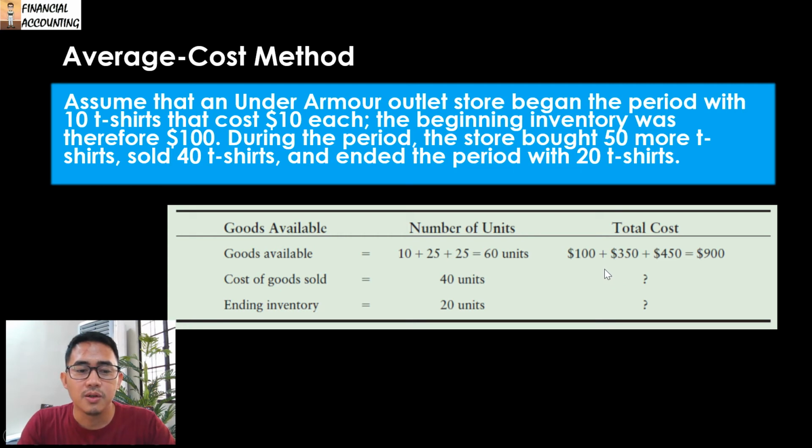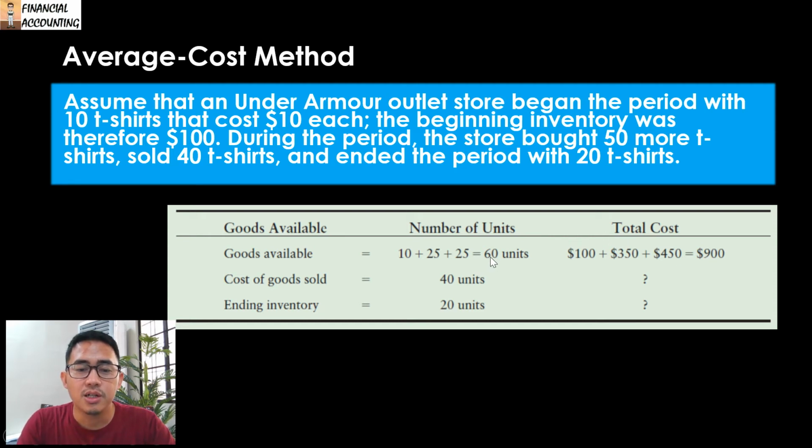So when the prices are different, with beginning plus purchases, you'll be able to arrive at your average unit cost in order for you to get your cost of goods sold and inventory. In this case, the total cost of the 60 t-shirts which are available is $900. That's 100 beginning plus 350 plus 450 equals 900. That is your total cost.